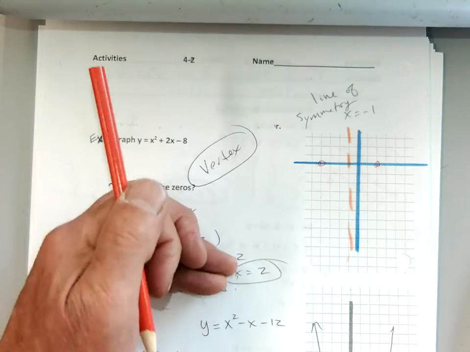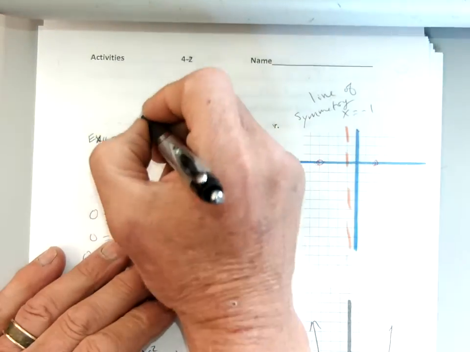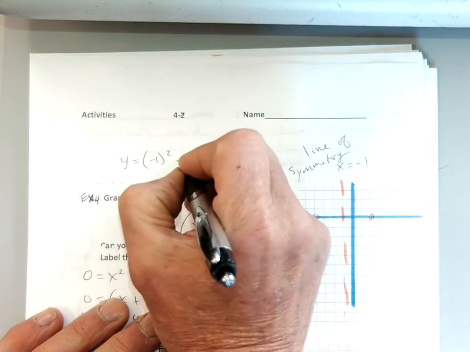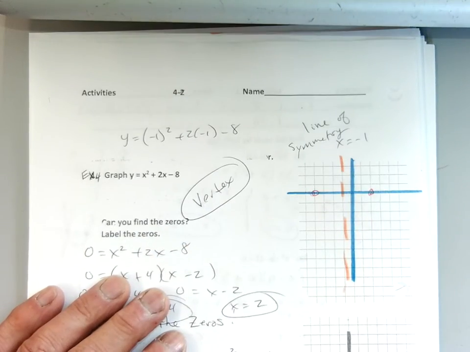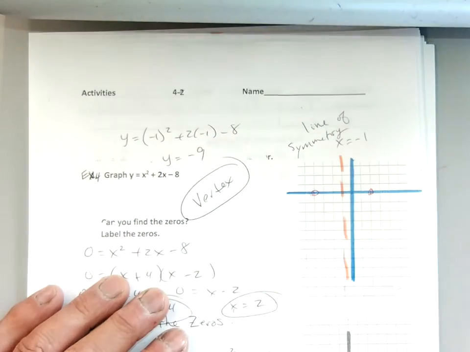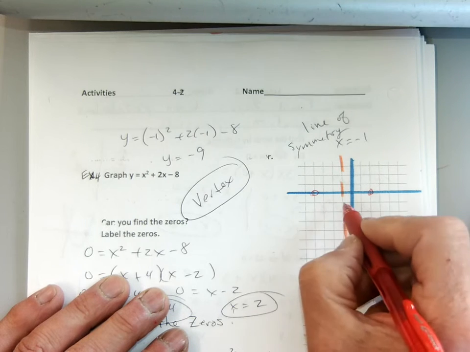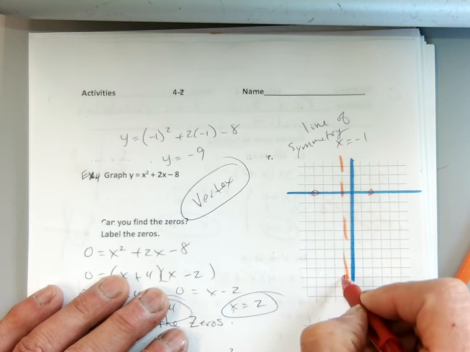And so then, to get the corresponding y value, plug it in: y equals negative 1 squared plus 2 times negative 1 minus 8, which I think is negative 9. So I'd have a point at negative 1, negative 9, 1, 2, 3, 4, 5, 6, 7, 8, 9.